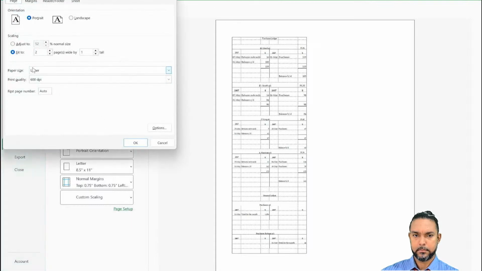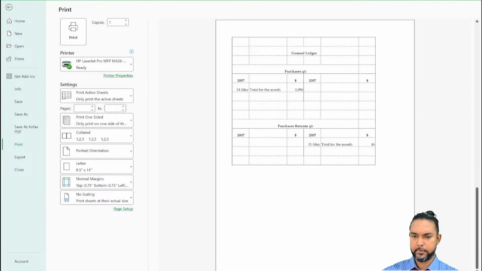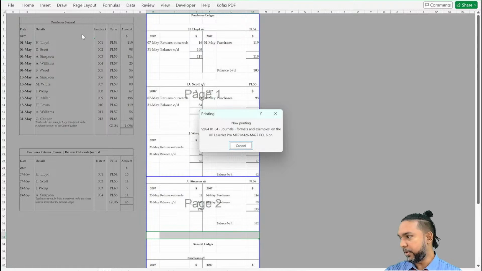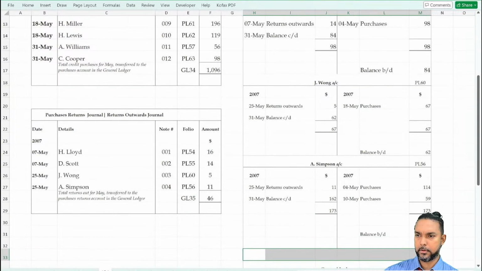Two pages. Oh no. All right. Three. No, the one three. You know what? It's not a big deal. You can do that. Okay. Go back to the old stuff.